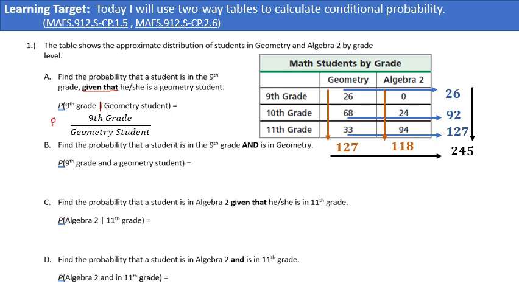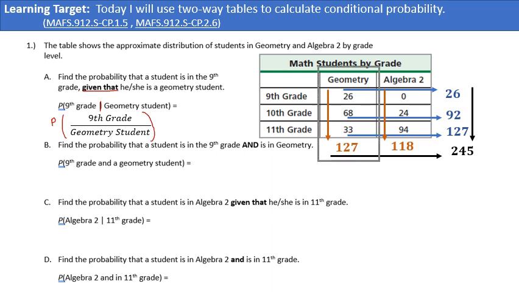The probability that we have a 9th grade student given that they are a geometry student. All that's going to happen is our denominator is going to change from everybody to what we know. In this case, we're talking only about geometry students.